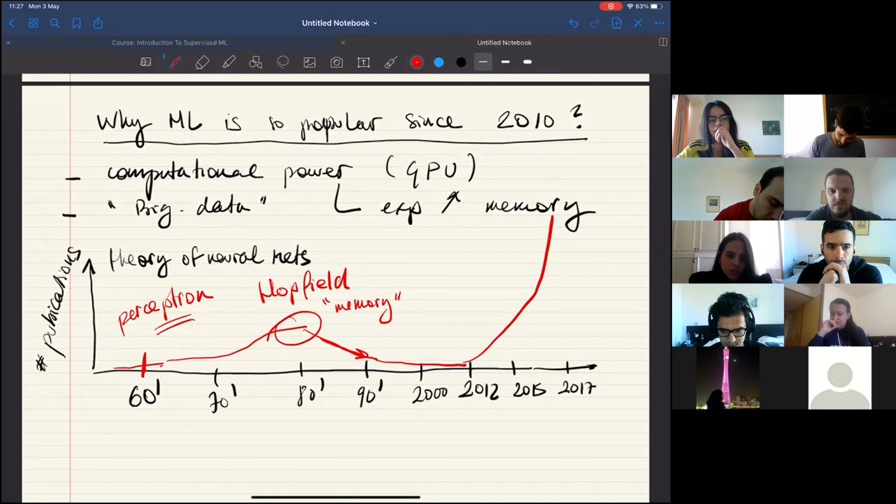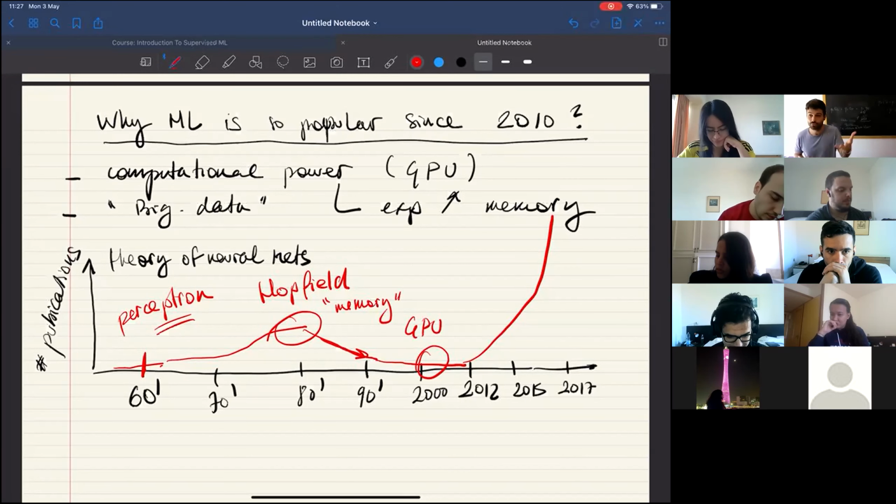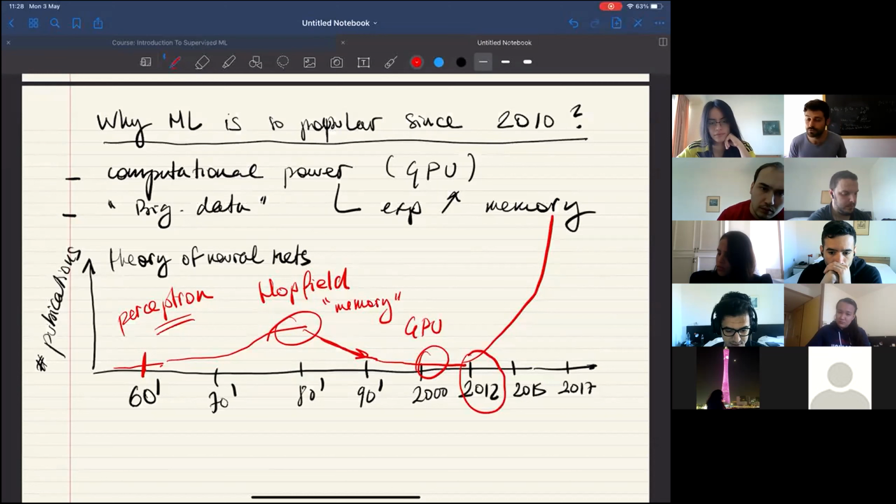But then the GPUs appeared around here, okay? And so people had the tool to really code more complex neural networks to solve complex tasks. And in 2012, that was the birth of what we call deep neural networks, essentially.